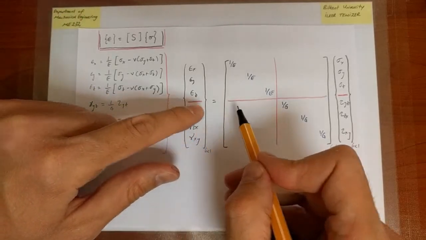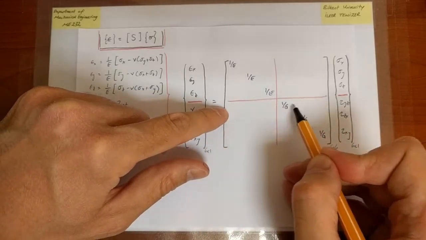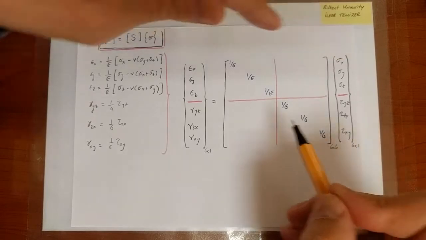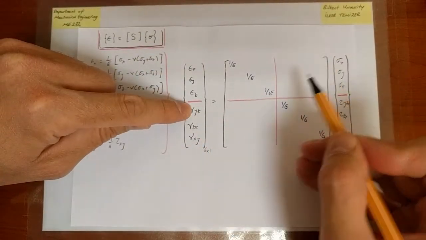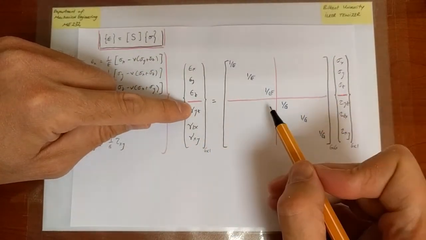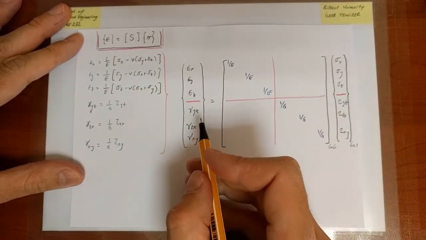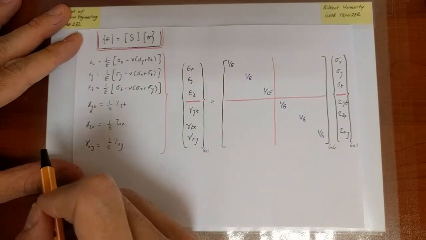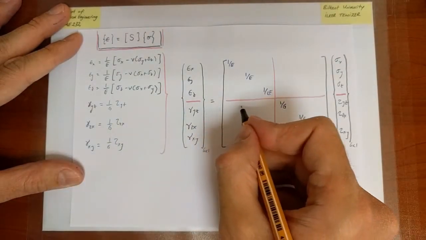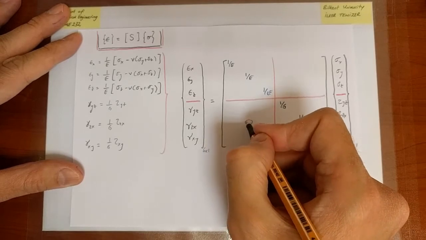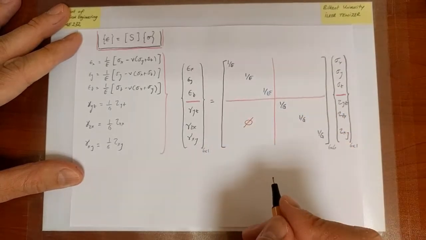In order to calculate this, I would take the corresponding row of the matrix, multiply it with this array, and the result, this component summed with that, the second multiplied with that, and sum, and so on, would give me that quantity, right? So, I don't see any normal stresses appearing in there, and therefore I must have zeros here. Same for every component of the shear strain. So I have a big zero matrix in there.